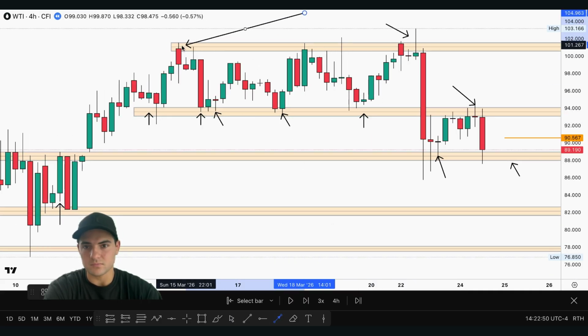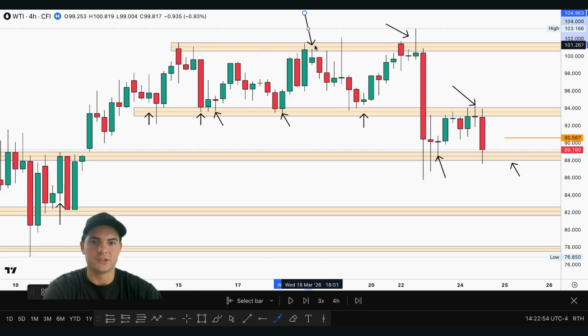So right here, this is what I'm talking about. We have one level of resistance that I have marked up on the left. Boom, we respected right here, made like a liquidity sweep right here, came down, another level of support created, same right here, and then now one more time a resistance being respected.